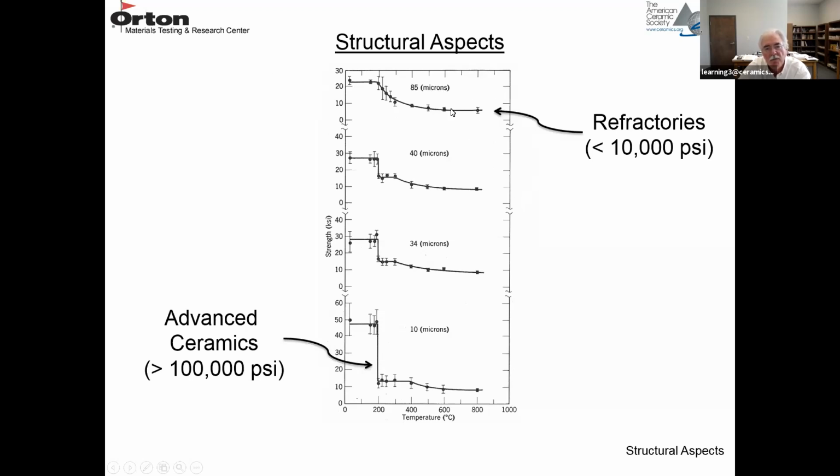So something up here might resemble a refractory type material. You have a low strength material, less than 10,000 PSI. And this type of material would be in advanced ceramics, maybe a high performance silicon carbide. You might have a strength greater than 100,000 PSI.